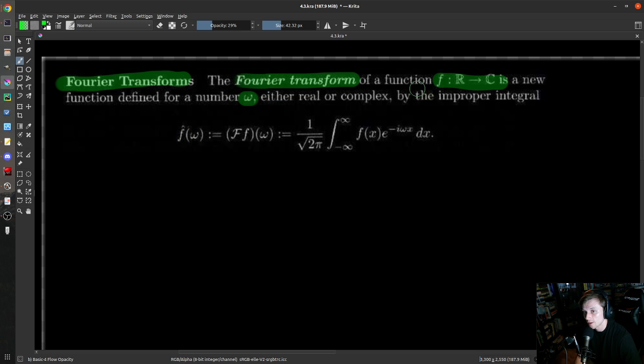So a function f gets sent to f hat of omega, or if you want to use script F of f of omega, just a new function of a new variable, which is defined to be 1 over the square root of 2 pi times the integral from negative infinity to infinity of f of x times e to the minus i omega x dx. So we'll look at some nice tricks we can use to solve integrals that can be written something like this.